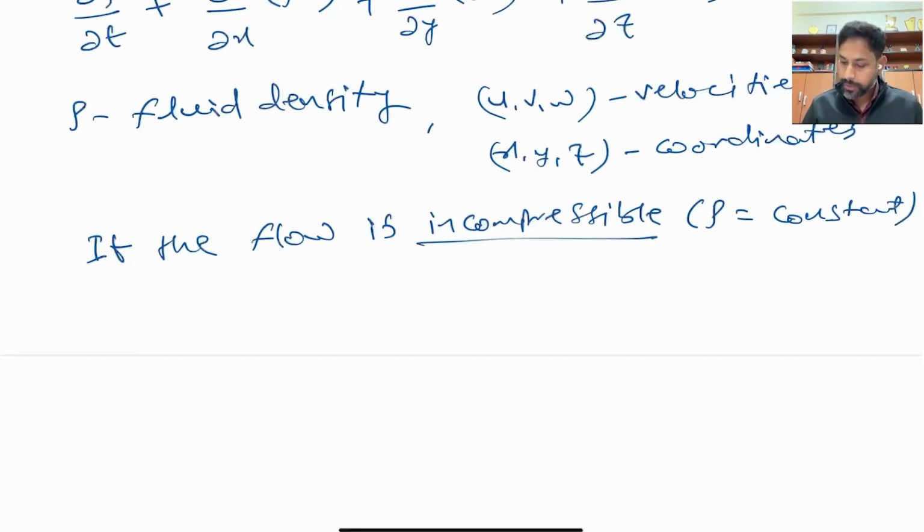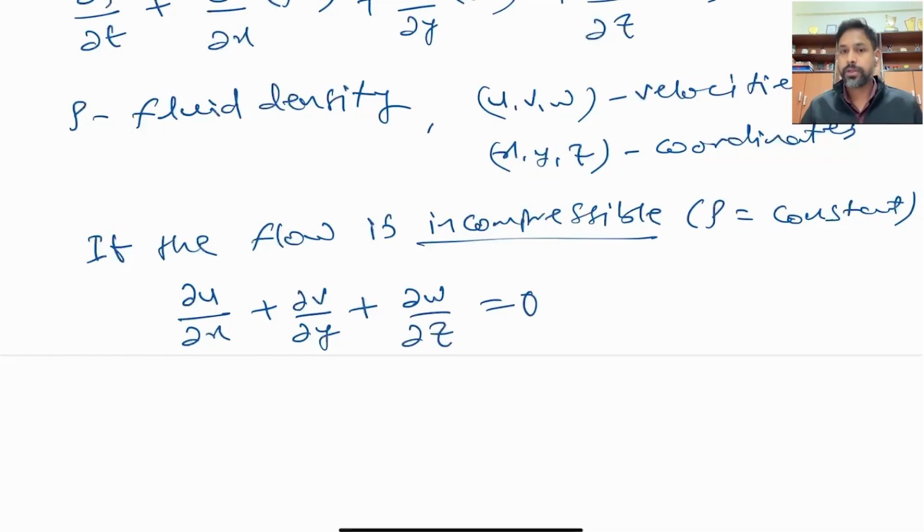In that case, your mass conservation equation looks like this: du by dx plus dv by dy plus dw by dz is equal to 0. This is another common form of mass conservation that is used because most of the time we consider the flow to be incompressible.